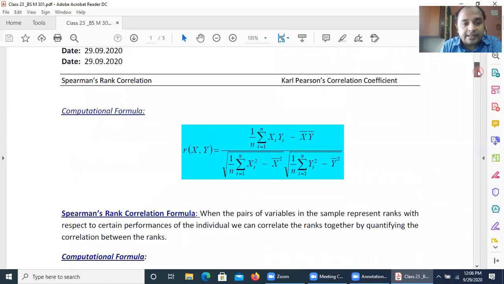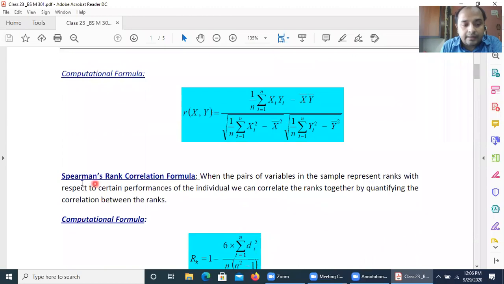And that formula is given by Spearman, and the formula is written over here. Its name is Spearman's rank correlation formula, and it goes like this. When the pairs of observables, or observables means the things which can be observed, variables are observables because variables can be observed.